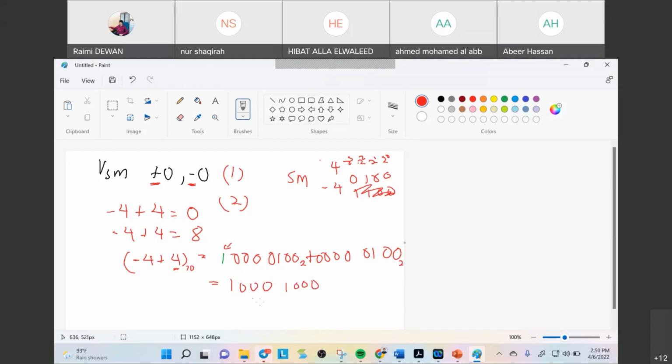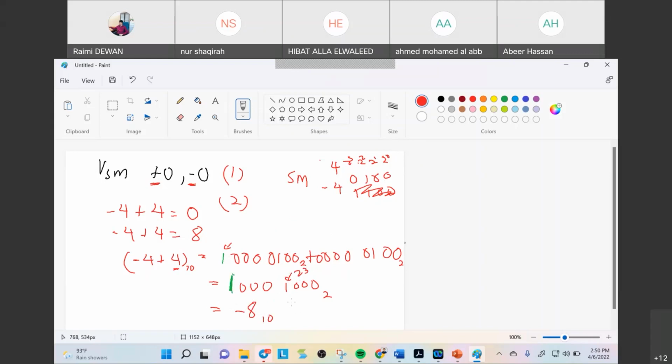So you can see here it will produce 8. Now you can see the error, right? It produced 8 because this one means the sign, negative, and this one is 2 to the power of 3. So it is not accurate.